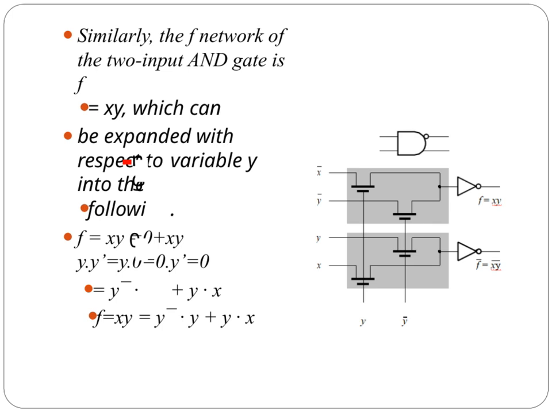This leads us to the expression f equals y complement times 0 plus y times x, simplifying to f equals y times x because the first term drops out. This approach helps to break down complex functions by focusing on one variable at a time, making it easier to understand and manipulate in logic circuit design.